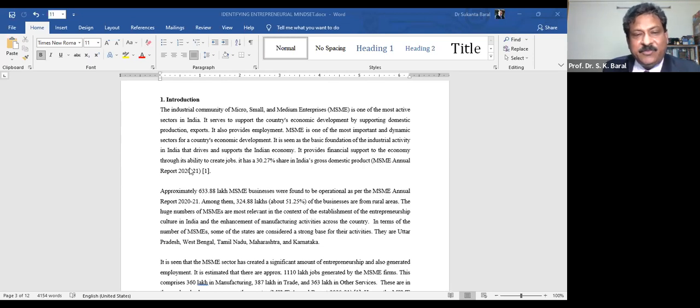That has been written, that the industrial community of MSME is one of the most active sectors in India. So with the help of different literature, I have also started collecting different data, like the annual report from 2021.